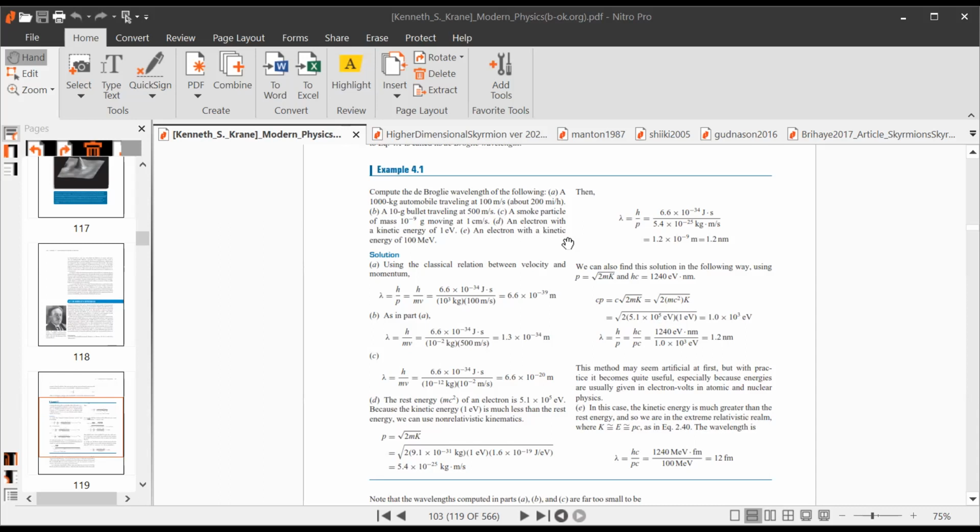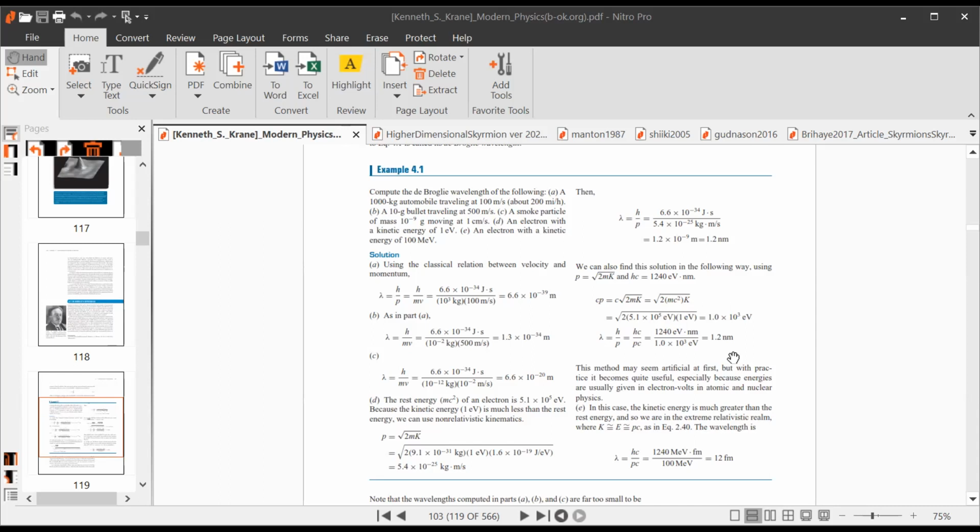For example, we have an electron with kinetic energy 1 electron volt. We get this lambda, which should be 1.2 nanometers, or 10 to the minus 9. If we want to see the diffraction properties, or wave-like properties, of the electron, we have to use a slit of width 1.2 nanometers.